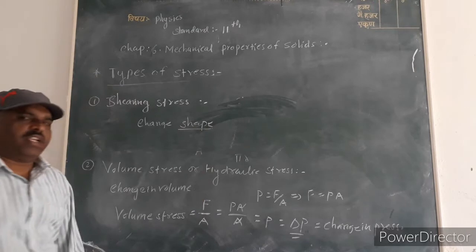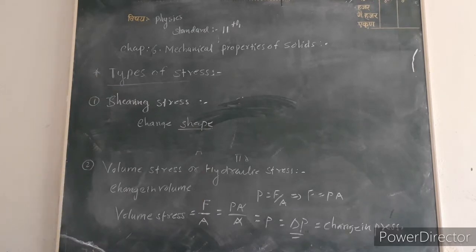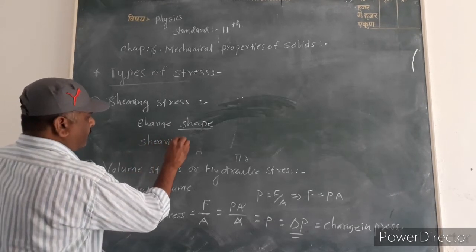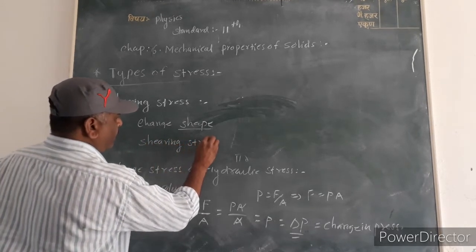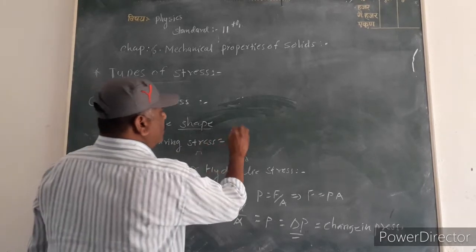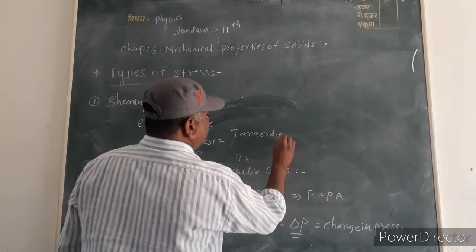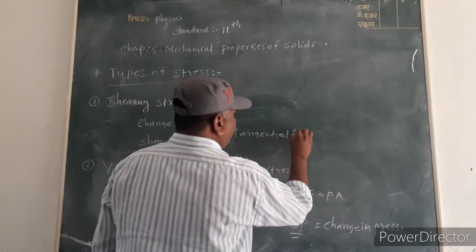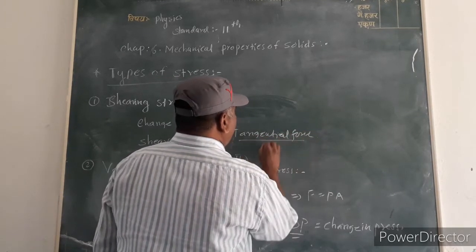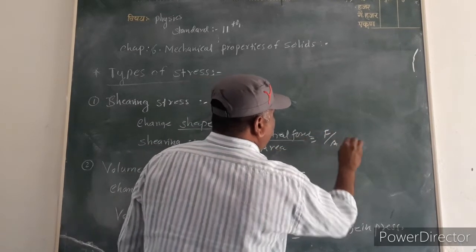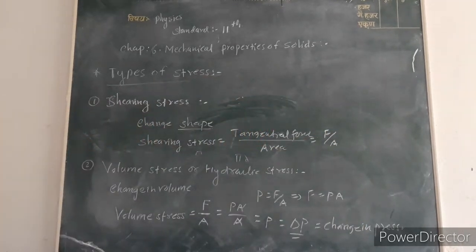Such a stress is called shear stress. Therefore shear stress is equal to tangential force upon area. This is equal to F upon A.